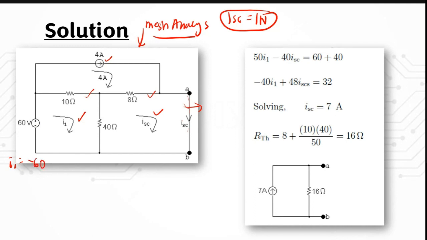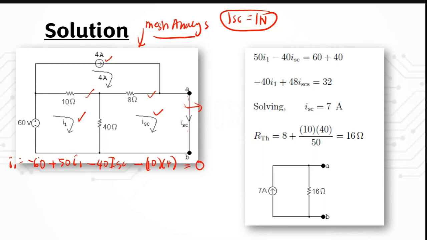Then you add these two resistances, the total of the resistance in that loop, which is plus 50 ohm, 50 I1 here, and then minus 40 ISC here, and then minus 10 times 4, and then equal to 0.